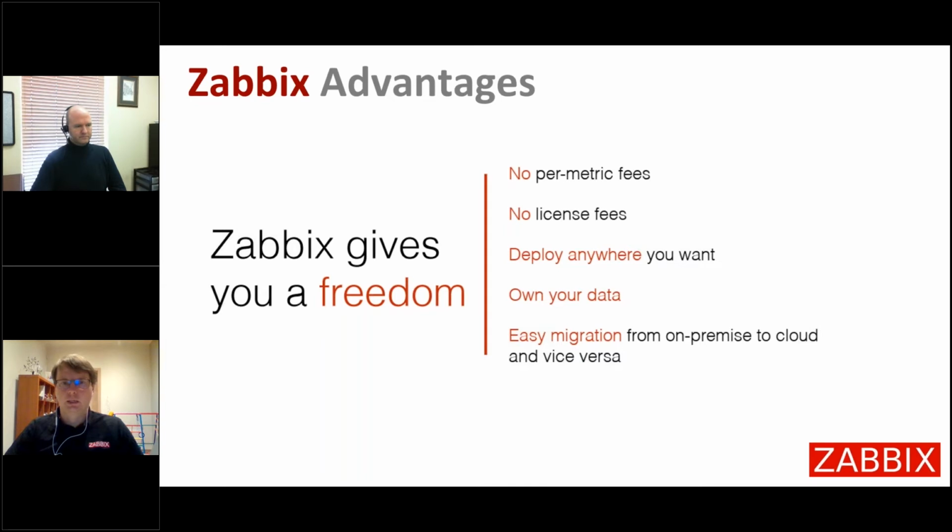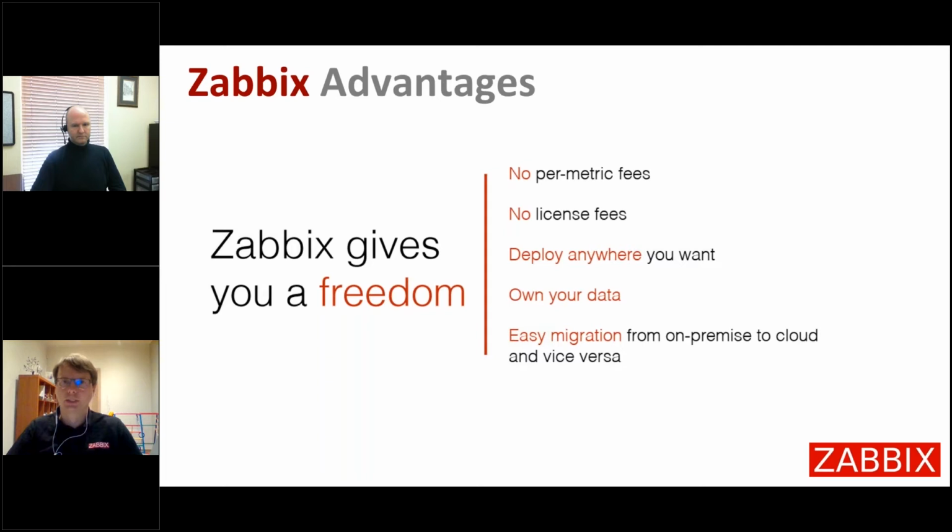And some very important advantages of Zabbix. As I have already mentioned, Zabbix is open source, and we are what is called true open source. So there is no corporate version of Zabbix. There is no limitation whenever you take our open source software. Whether you're trying to monitor 10 metrics or 10 million metrics, it is the same software.